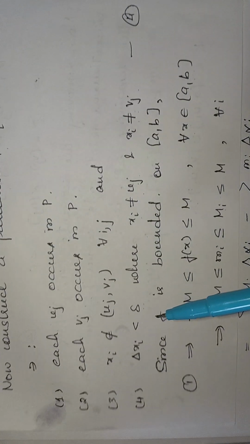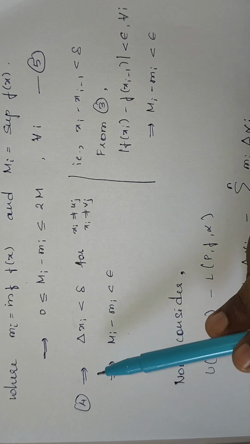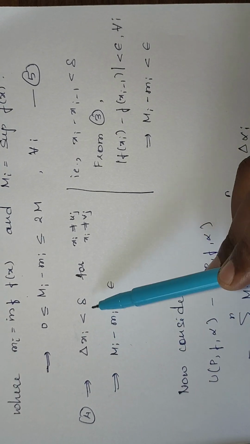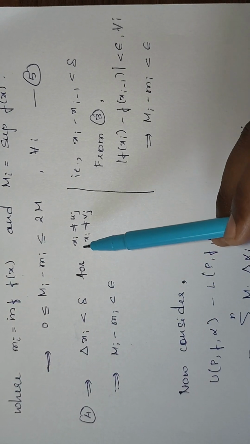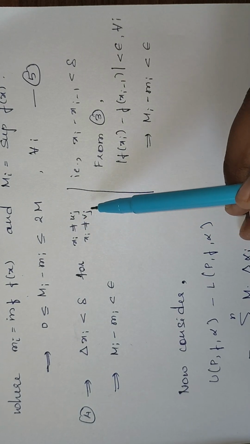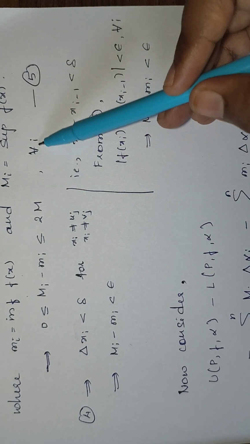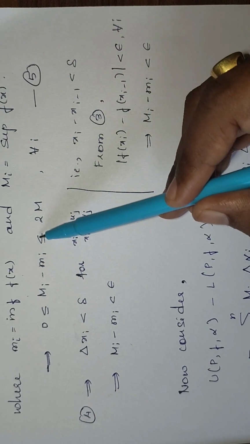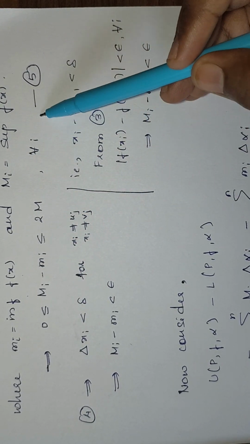Okay, so that is the condition. So here 4 implies delta xi is less than delta for xi not equal to uj, xi not equal to vj. See here, this is for all i. This Mi minus mi is less than or equal to 2m for all i.